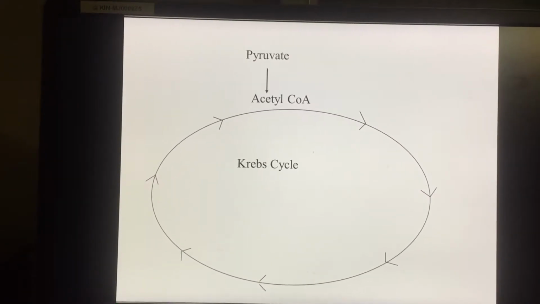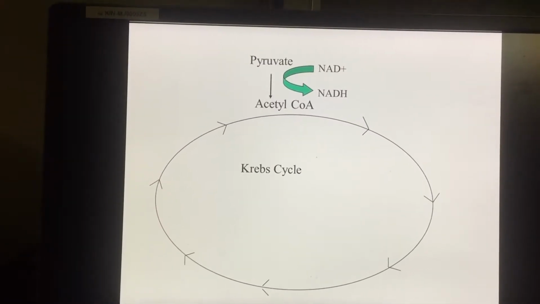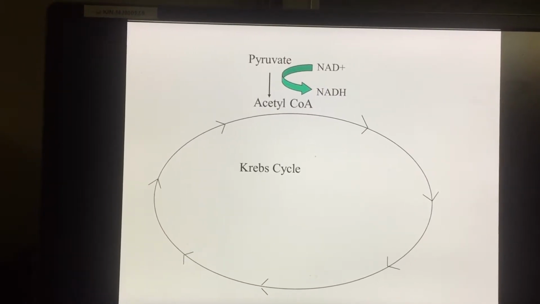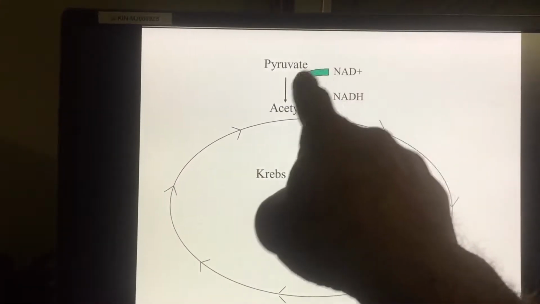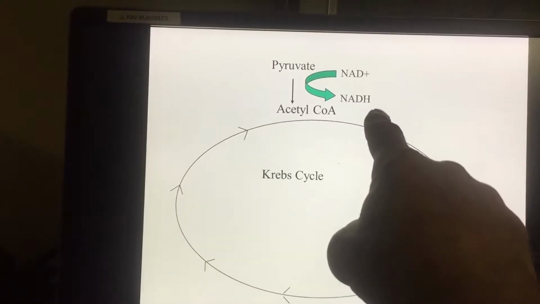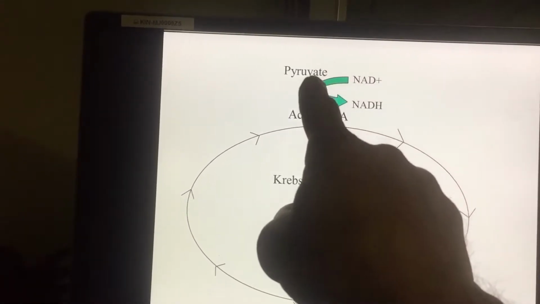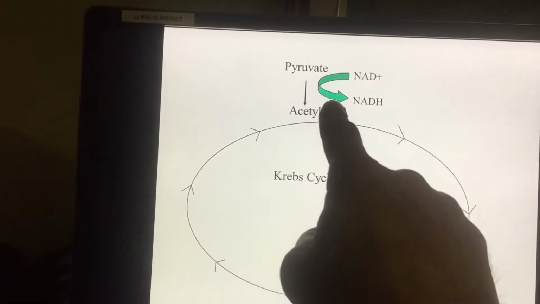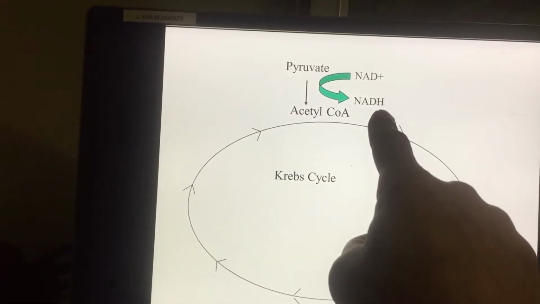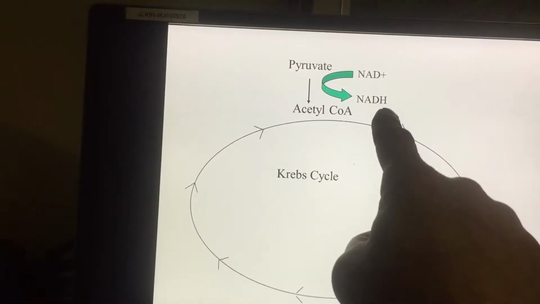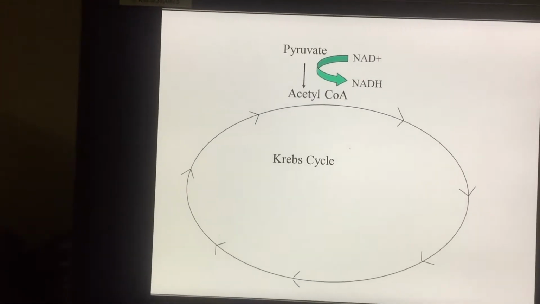And some important aspects here, some important steps, is that you get formation of these carriers of hydrogens. So this NAD comes in, and it's a molecule that takes a hydrogen off of pyruvate. It actually takes two hydrogens off, so this should be NADH2.